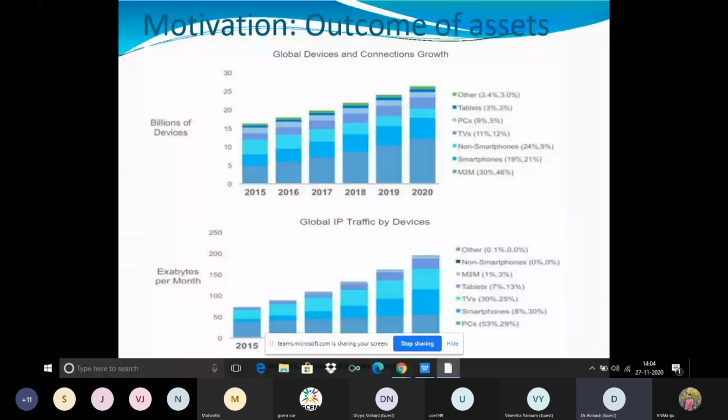Similarly, for devices such as TVs, there is a no-growth scenario: in 2015 we had 11%, but now we have just 12%, so it is more or less the same. When we talk about personal computers, we had 9% at that time, so it has decreased.